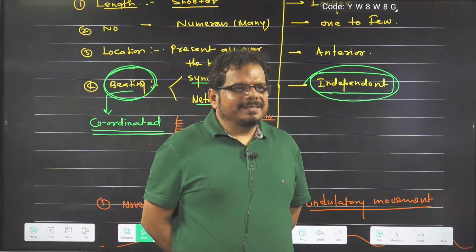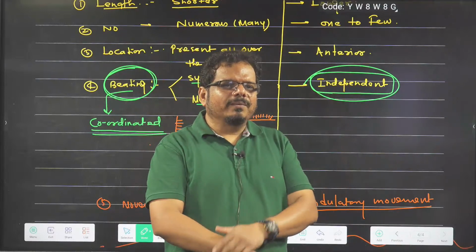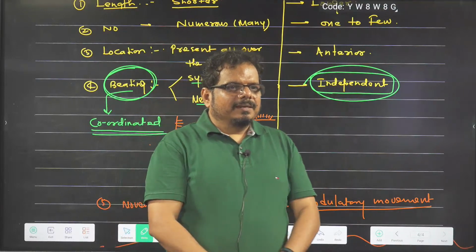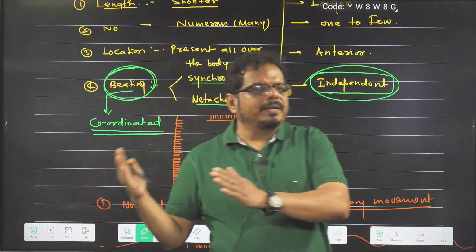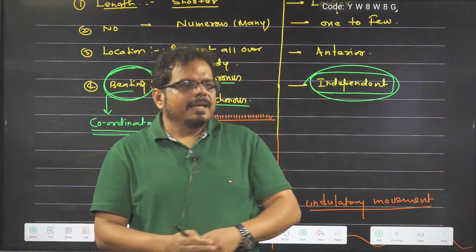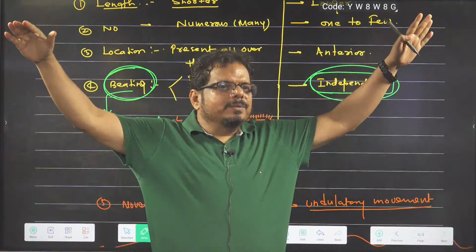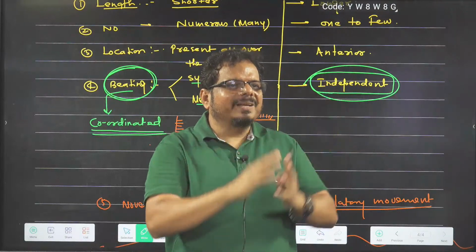If one dancer bends to the left side, all dancers bend to the left side. You just show a pattern. If you put your hand up, everybody puts up. If you put your hand down, everyone puts down. Are you getting the idea or not?